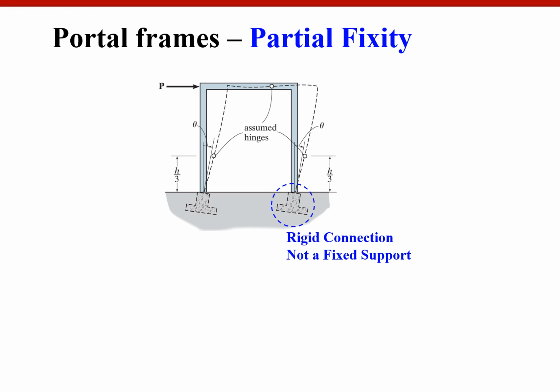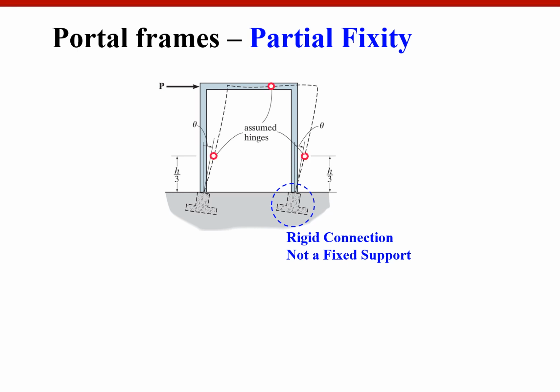But it's not a fixed support because rotation occurs. So in this detail, it's a rigid connection between column and foundation, but the foundation is not good enough to provide fixed support condition.